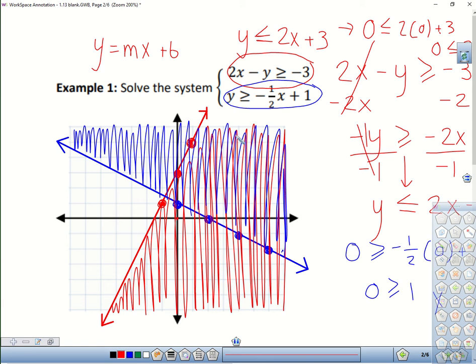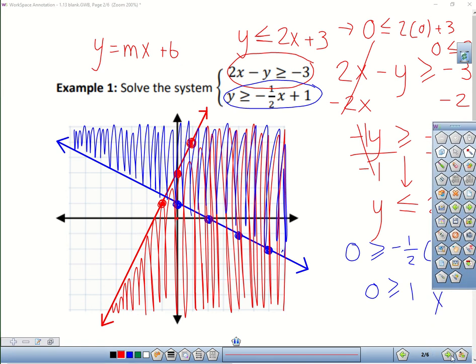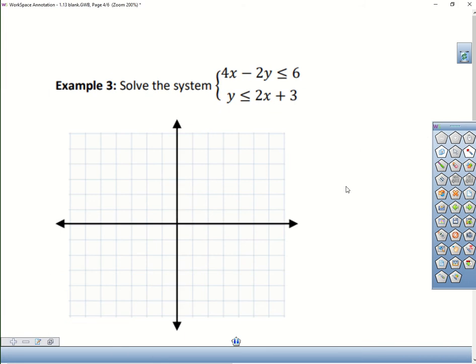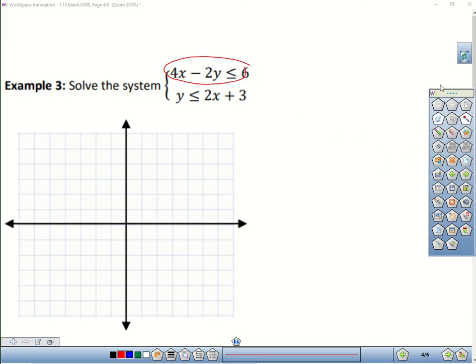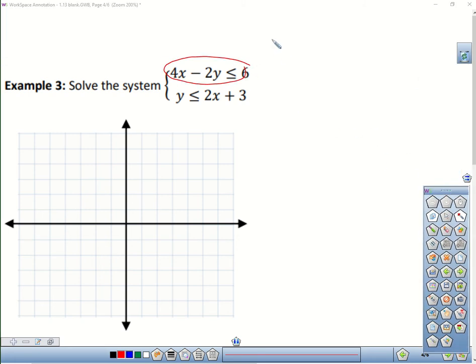Alright. Moving on. So let's try another inequality. Once again, we need to get our first inequality into slope-intercept form. I have 4x minus 2y is less than or equal to 6.